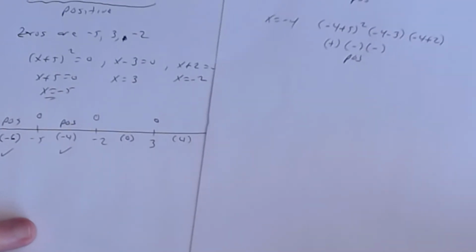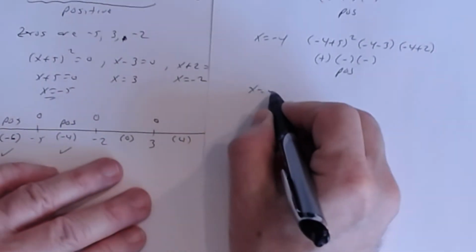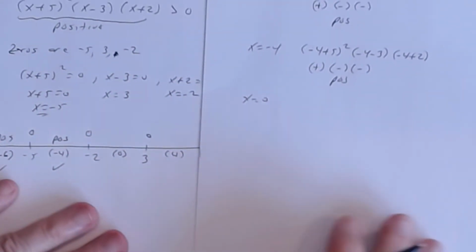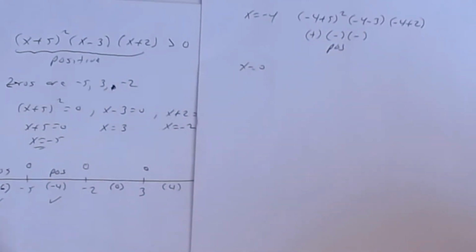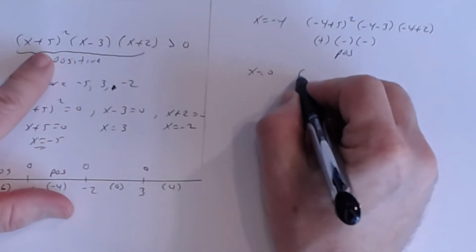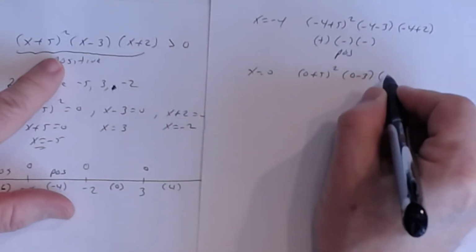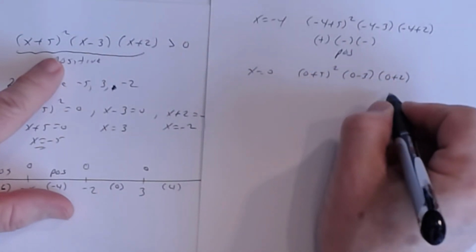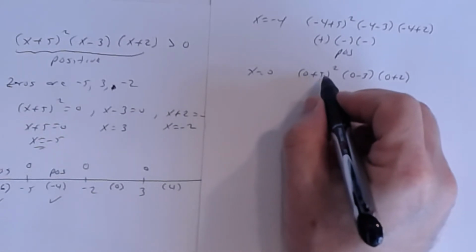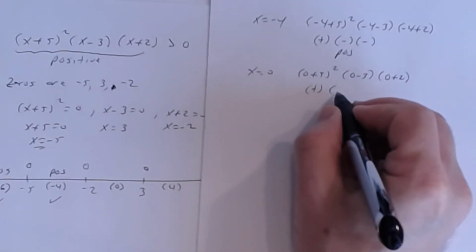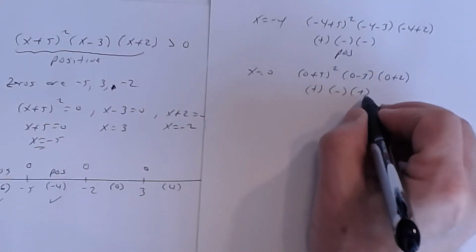When x is 0, let's see what happens. So when x is 0, you substitute into the factored part, you get 0 plus 5 squared times 0 minus 3 times 0 plus 2. And 0 plus 5 is 5. 5 squared is positive. 0 minus 3 is negative. 0 plus 2 is positive.